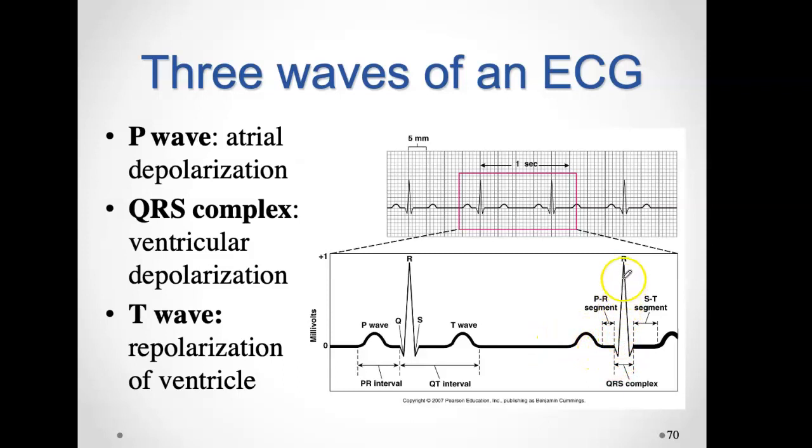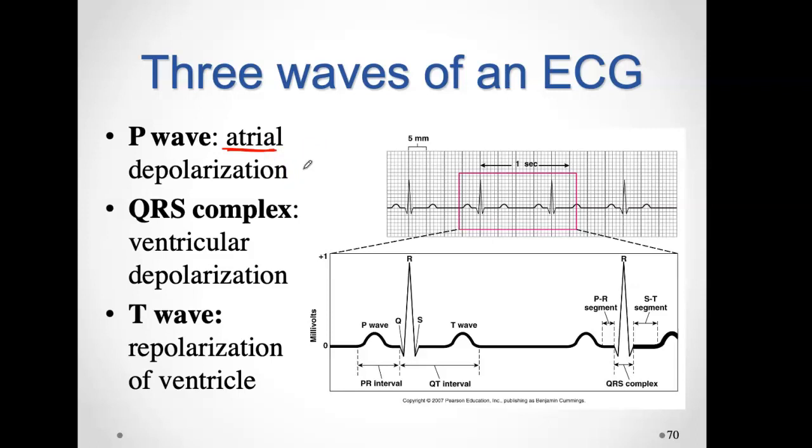P, QRS, and T. What does it mean? So let's go to the writing here. The P wave is the time in which the atria are depolarizing. So that first wave at the base of the heart is starting out.